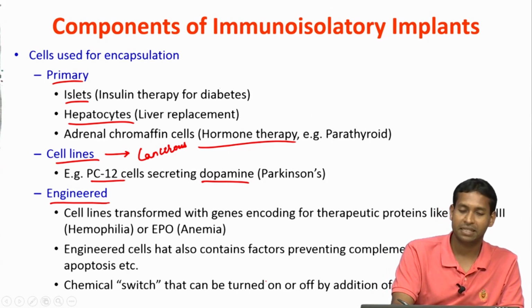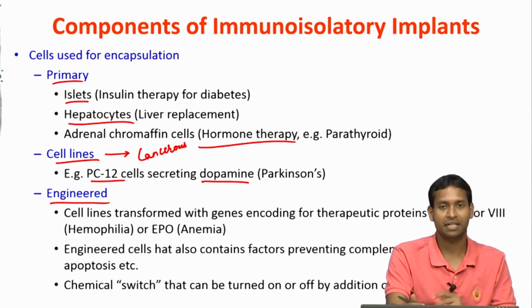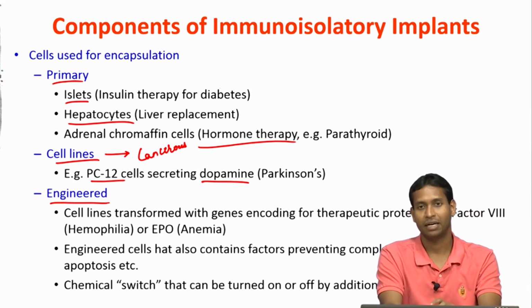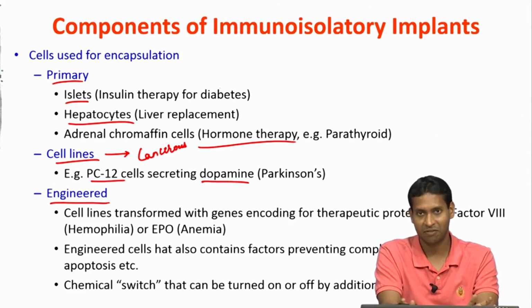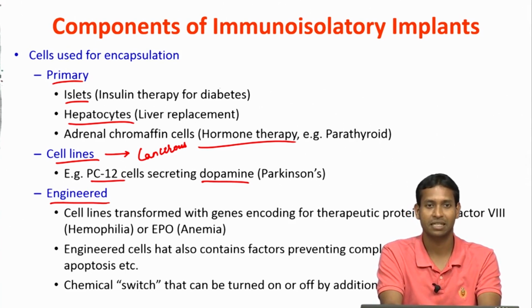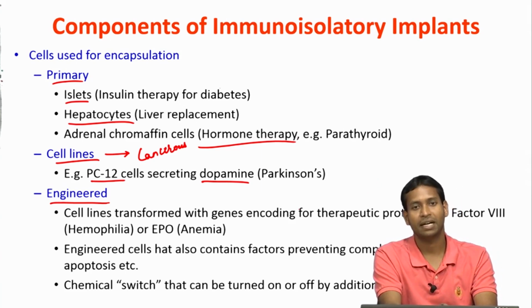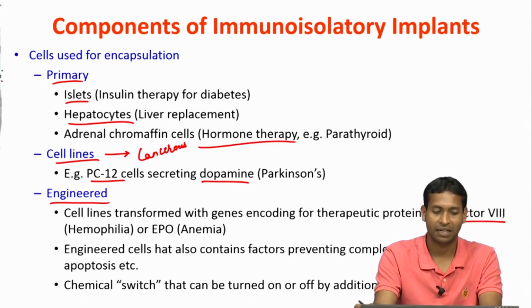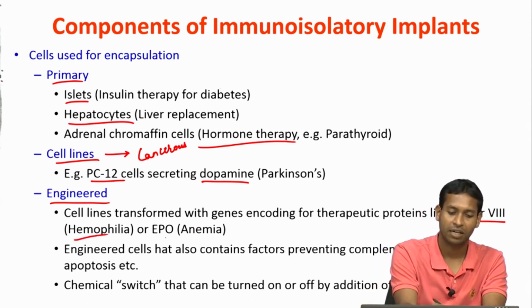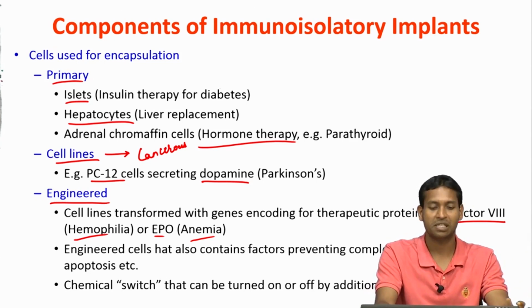So, that means that maybe there is a cell that you think can be used for this application, but it does not produce the protein that you want. It might be suitable for other properties that may allow enhanced survival in harsh conditions for those cells. So, in those cases you can take those cells and genetically engineer them to produce whatever protein that you want, let us say factor 8 in case of hemophilia or EPO in case of anemia, and then once they have done, they can produce these proteins which they originally were not.